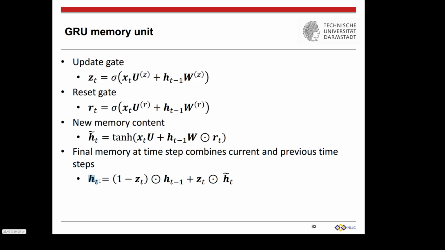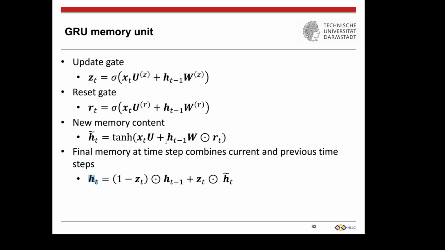This is the hidden layer value at time step t, and that is computed from the previous hidden layer value at t minus 1, to which we add ht tilde, which is our new memory content, multiplied by zt, which is our update gate. So these two gates come into play in two different equations.